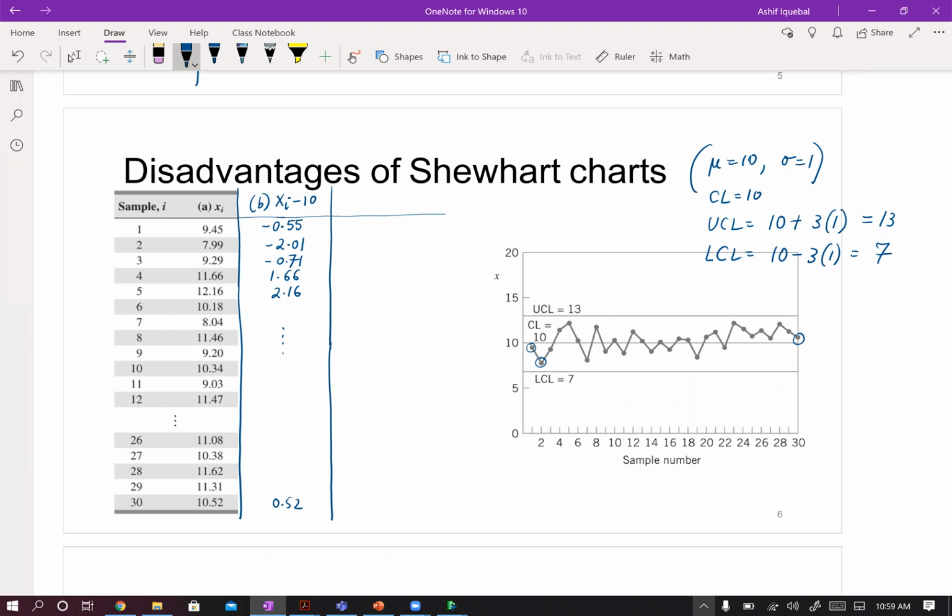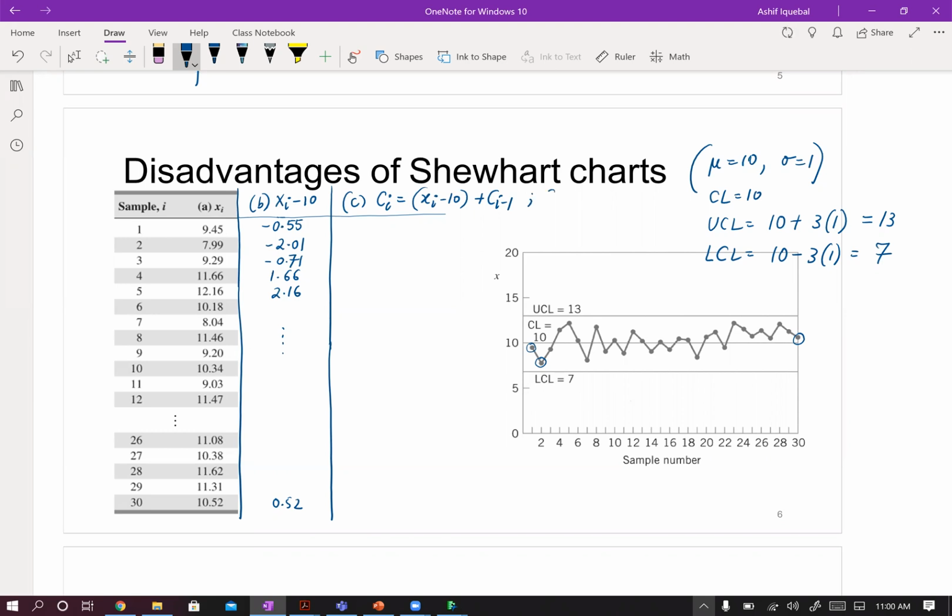Now let's do another thing. Let's write another column, column C. For this column, I'm going to define each value as Ci, where Ci is xi minus 10, which is column B, plus Ci minus 1.